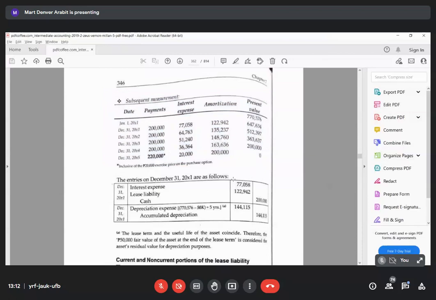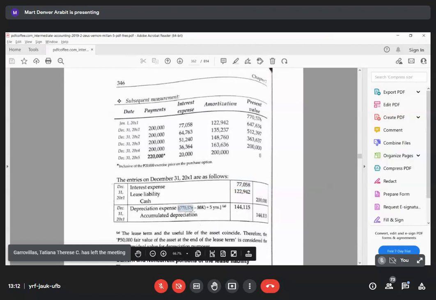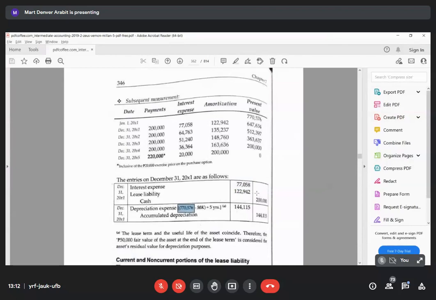Interest expense, 77,000. Lease liability is 122,942 and credit cash. So depreciation is 144,115. So that is 770,576 less yung 50,000 na fair value ng asset at the end of this term, which is considered also the residual value for depreciation purposes kasi ito yung present value niya.